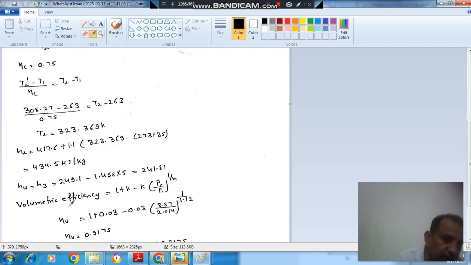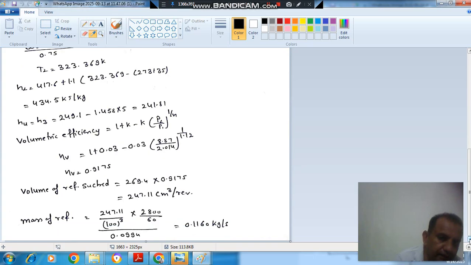And volumetric efficiency can also be found out, because the clearance ratio is given. The formula for volumetric efficiency is 1 plus K minus K into (P2 by P1) to the power of 1 by n. From this we have all the data, so volumetric efficiency comes out as 0.9175.